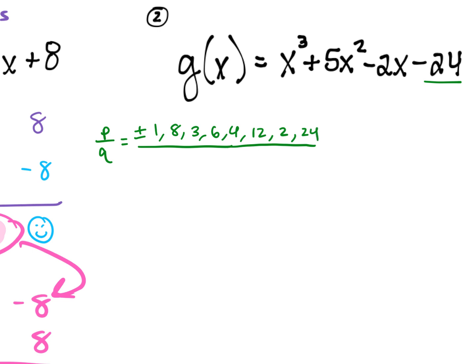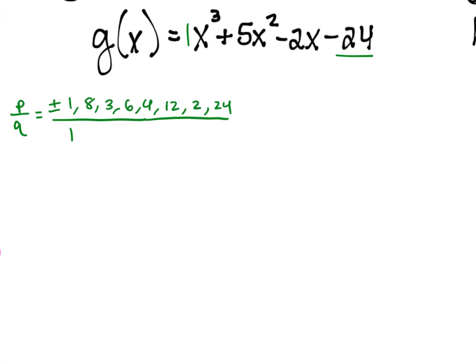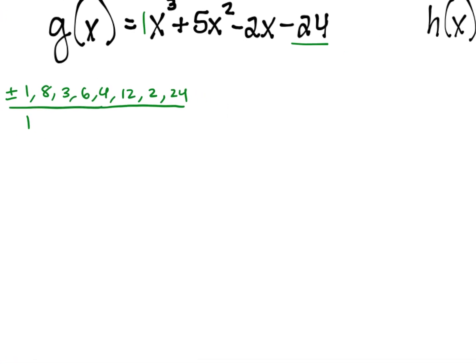I think that's all of them. So we have 1, 2, 3, 4, 6, 8, 12, and 24, over factors of our first, which are just 1. So we're going to use our synthetic division here. What's going to go in the box?